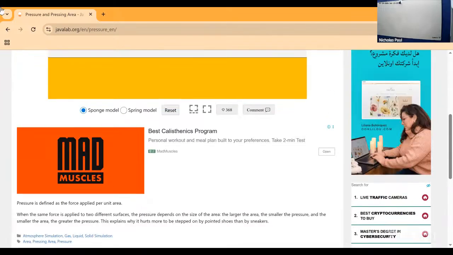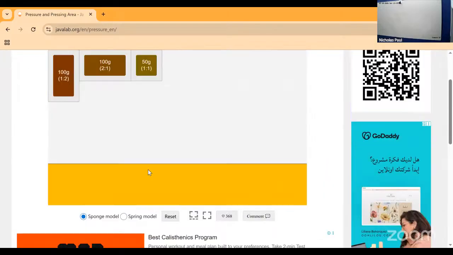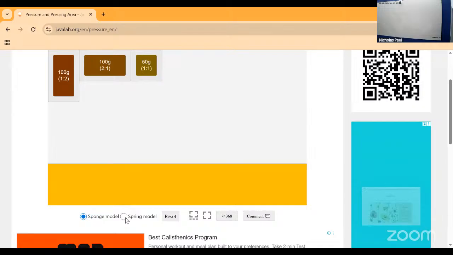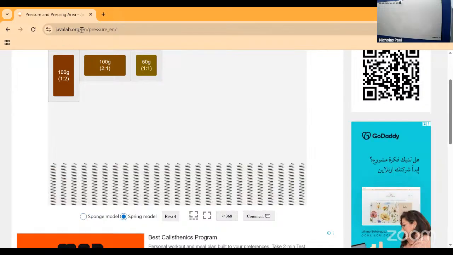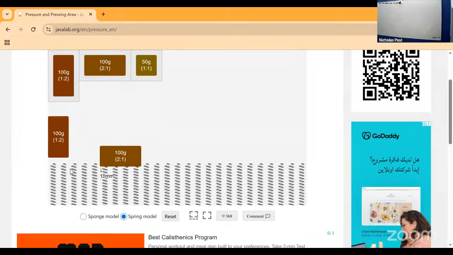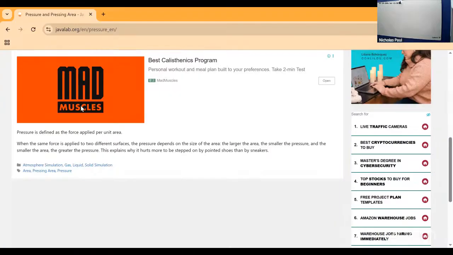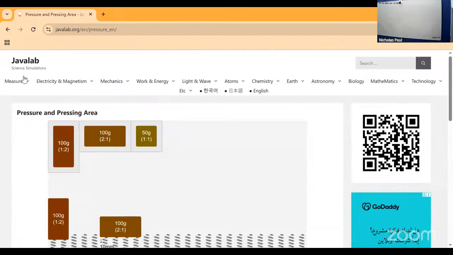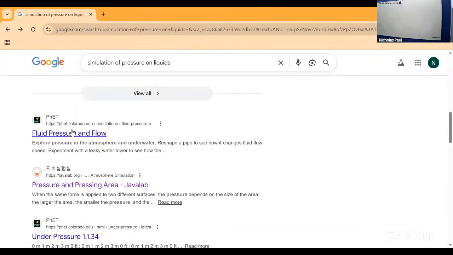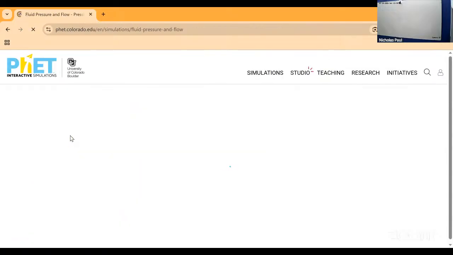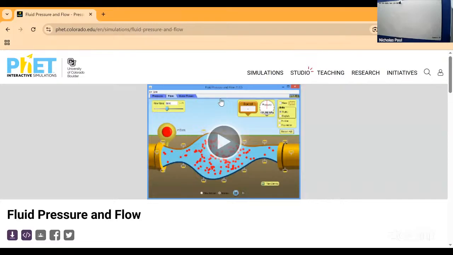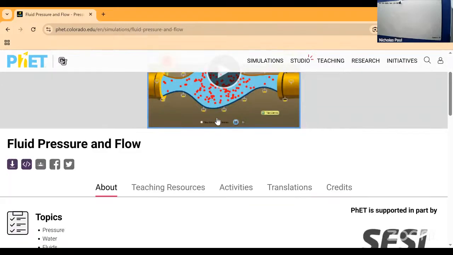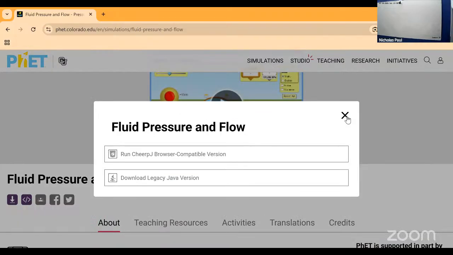How long to load? See the spring model. Right, but this is solid again, right? But let's see if they have liquid here. Right, these are the two sides that are normally used in simulation. PHET, or oh no, that's not it for sure. Hold on, I'm gonna see if we have.